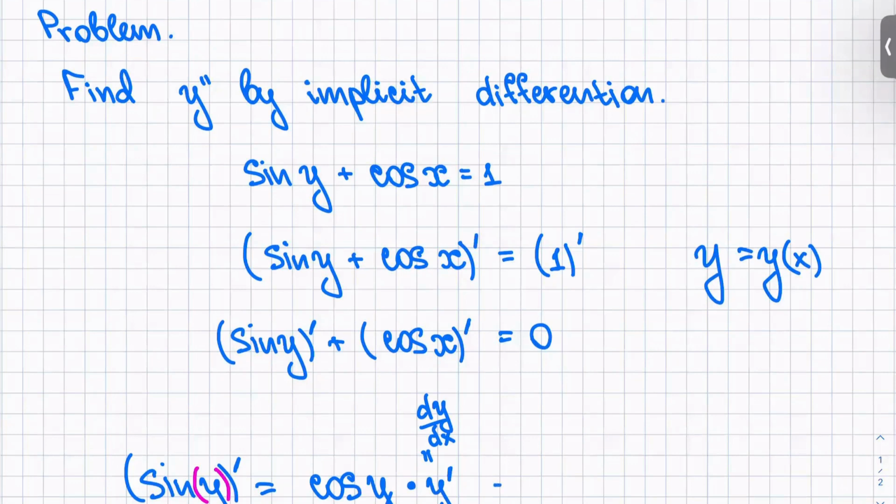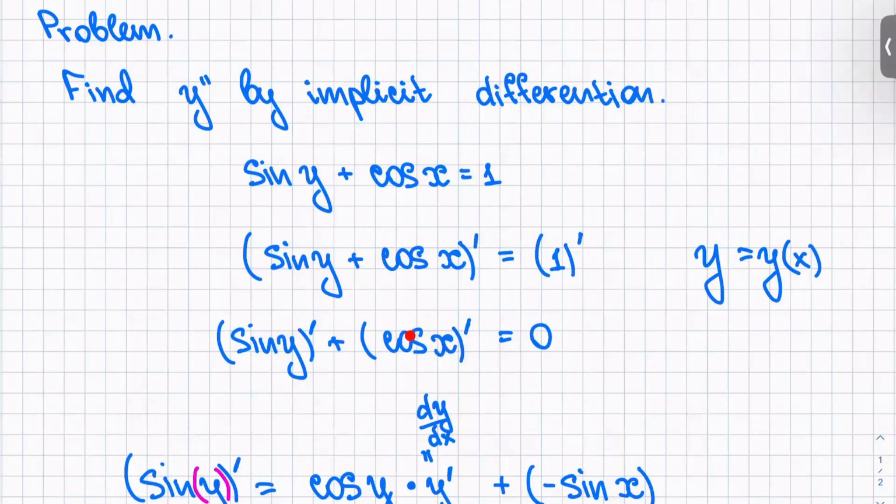And now, dear students, we just continue. So we now have to add the derivative of the cosine x, which will be minus sine x. And in this case, it's an easier term because there is no more y hidden here. There is no more function inside of function presented here.